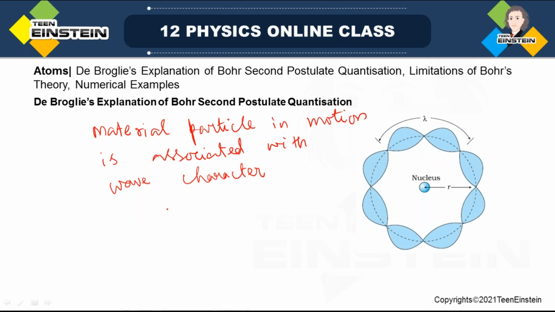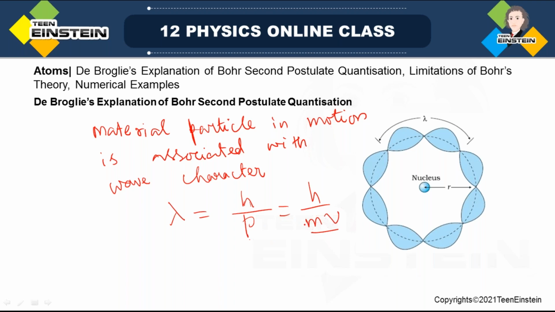And that wave character can be expressed as lambda is equal to h by p, or h by mv, where p or mv is called the linear momentum.